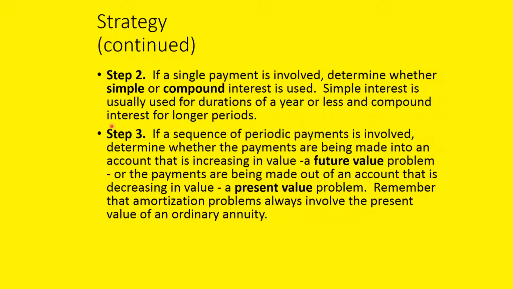Now here's the interesting thing to us. Step 3. If a sequence of periodic payments is involved, determine whether the payments are being made into an account that is increasing in value, a future value problem, or decreasing in value, a present value problem.